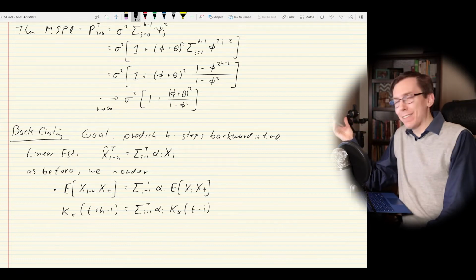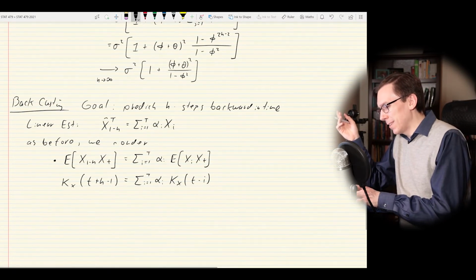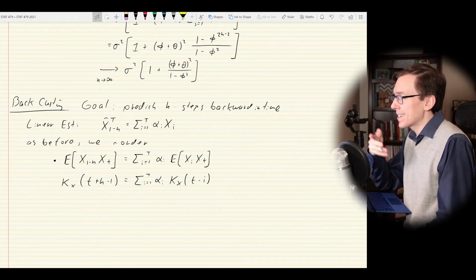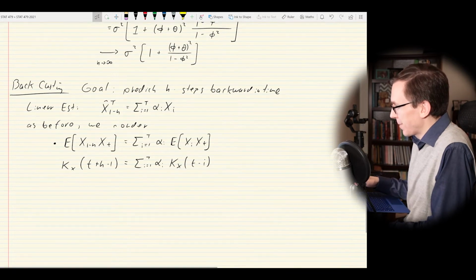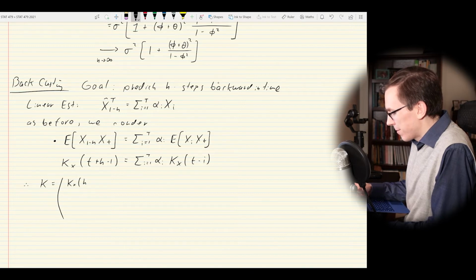Cool. So we have a linear combination of autocovariances, just like we did back when we looked at forecasting for the AR process and forecasting in general. So what do we do? Well, we write out a system of equations. Therefore, we can get K, the big vector of autocovariances, which is going to run from H all the way down to capital T plus H minus 1.